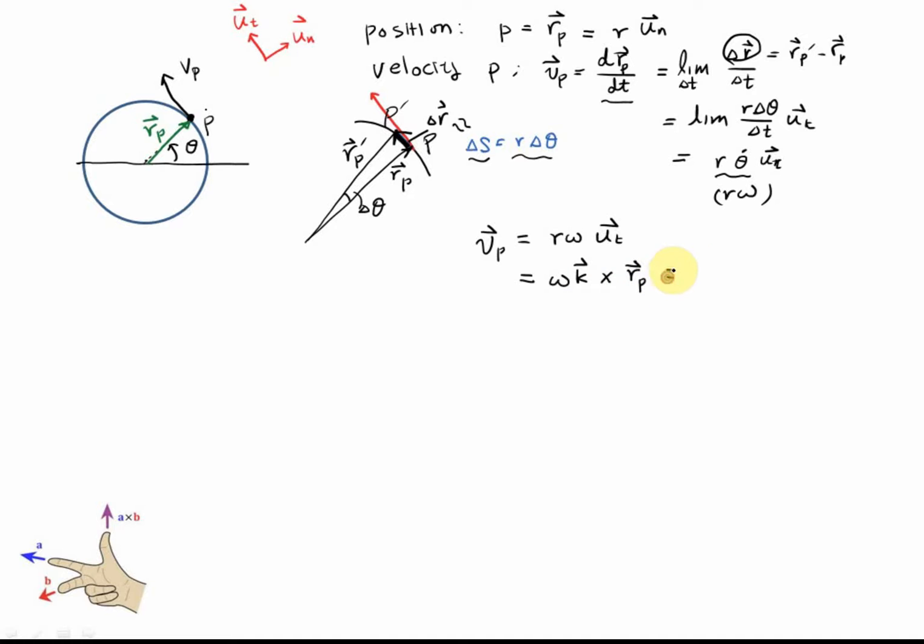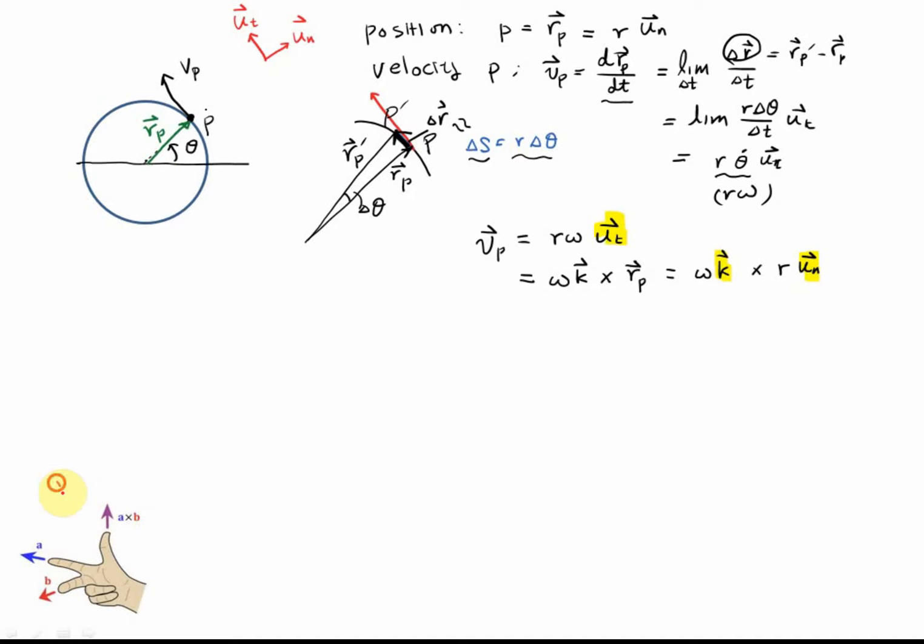I can write this as omega k cross product r un, because your rp was r un. So if you do the cross product between k and un, it should be the same as ut. Is it true? Let's look at this cross product.